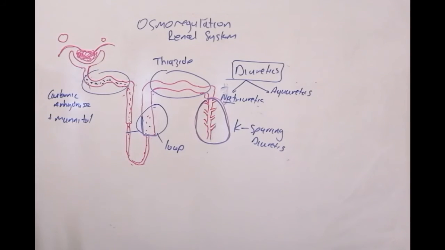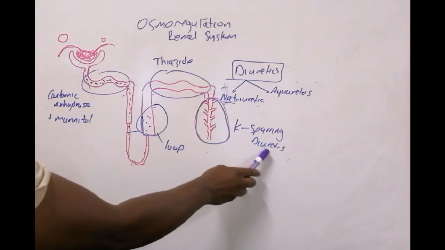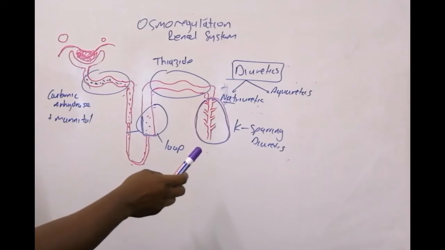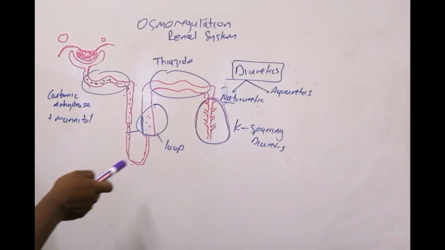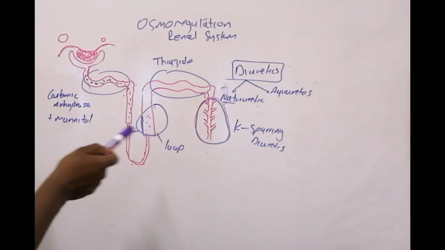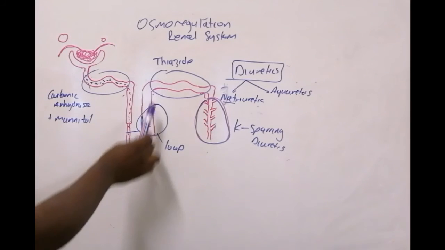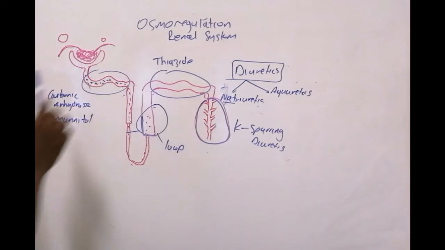With the nephron, the more proximal you are, the more water will be reabsorbed, and the more distal you are, the less water will be reabsorbed. So this is why potassium sparing diuretics are not so potent in terms of their diuretic action.